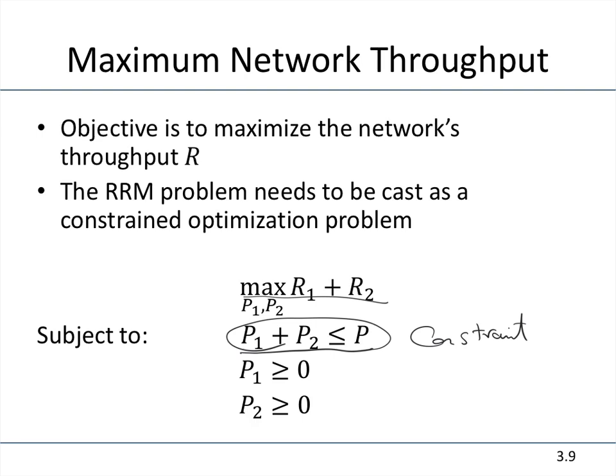We took that in calculus. We know how to do this. We take the derivative equal to 0, and we take the partial derivative of R1 plus R2 with respect to P1 and with respect to P2, and then each one will equal 0.